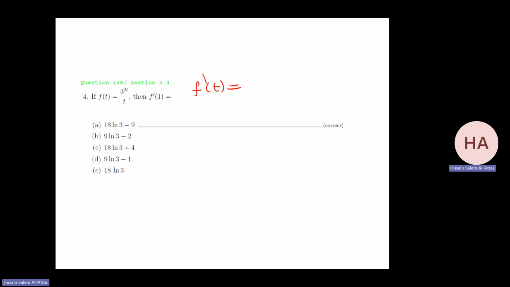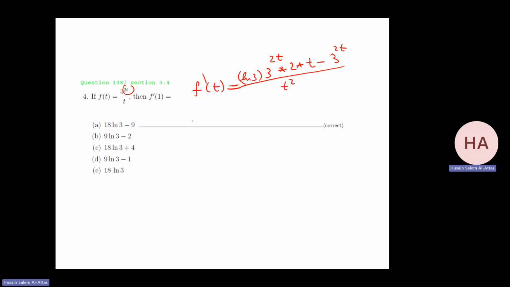So it will be a to the power u, ln 3, a to the power u, times derivative of 2t, which is 2, times the denominator, which is t, minus derivative of t, which is 1, times the numerator.